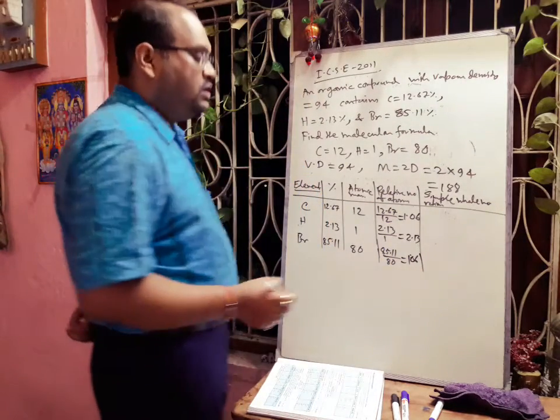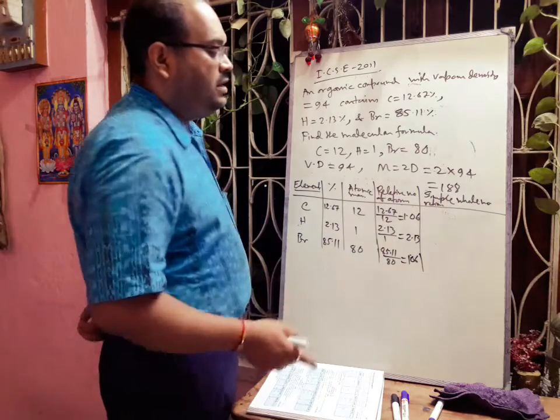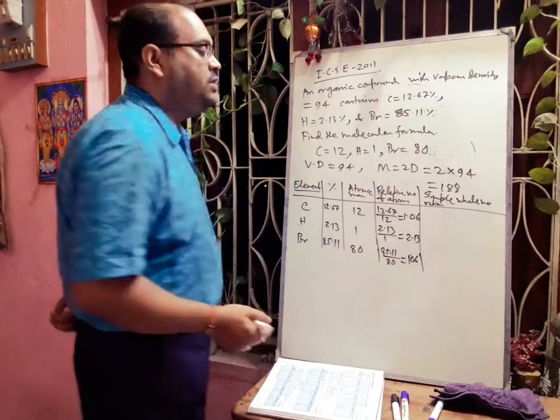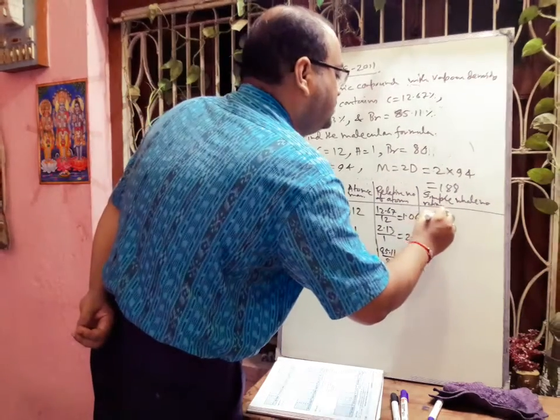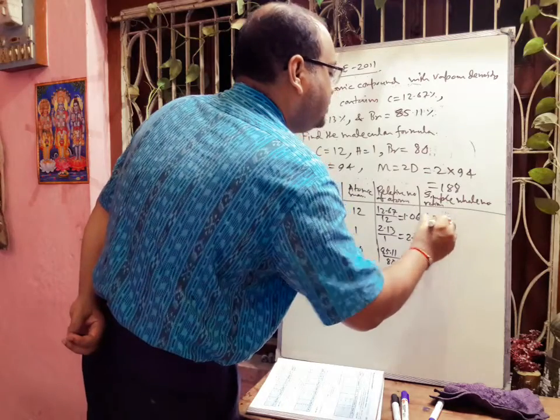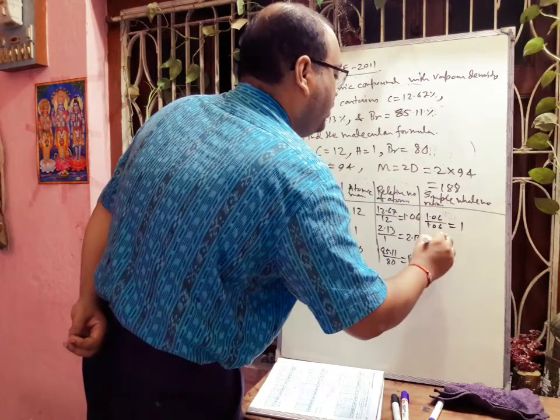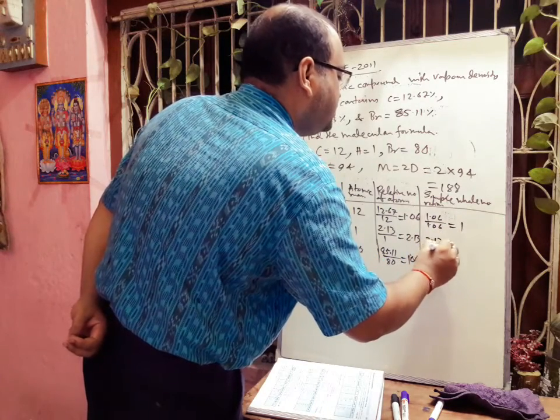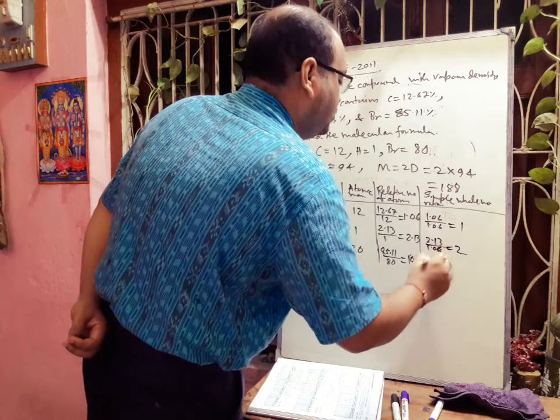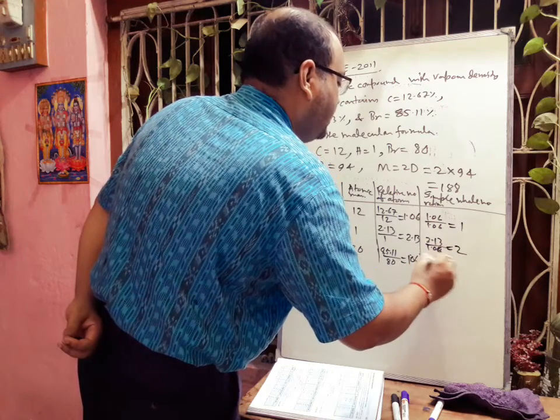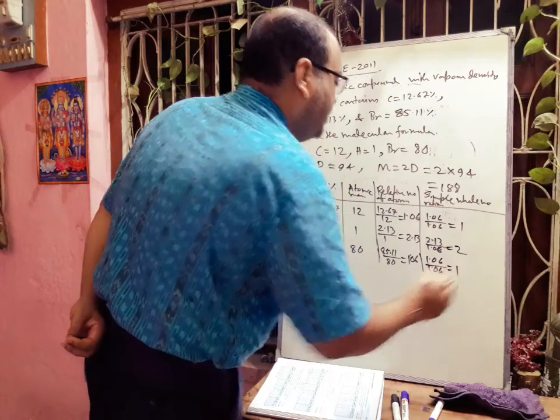Next, the minimum number, 1.06, we have to divide each by it. So 1.06 divided by 1.06 gives 1, 2.13 divided by 1.06 gives 2, and 1.06 divided by 1.06 gives 1.